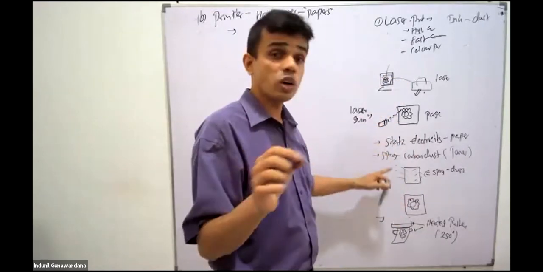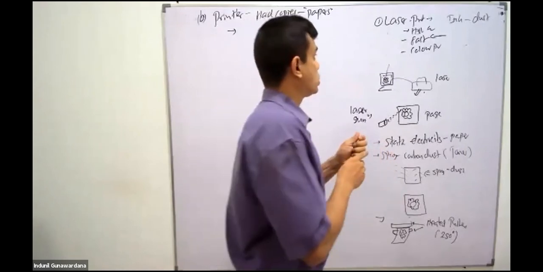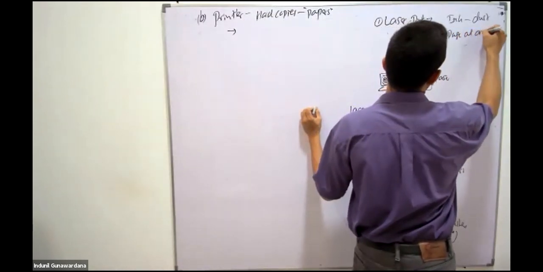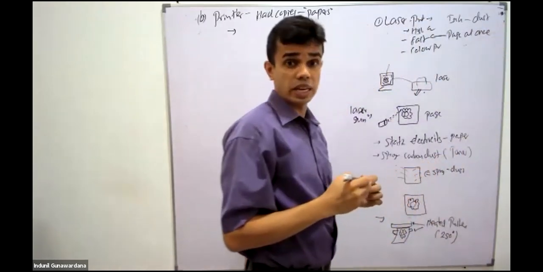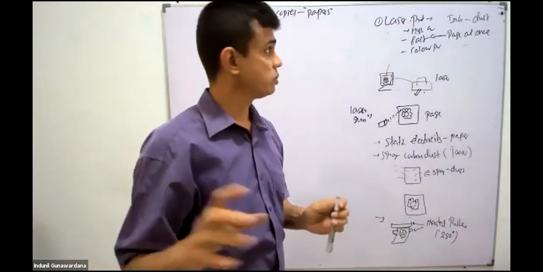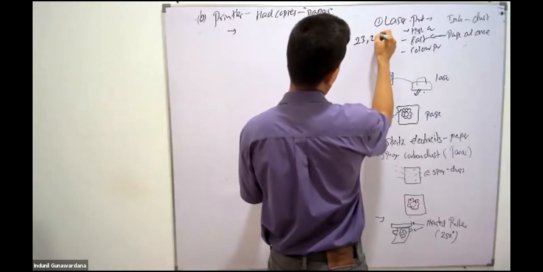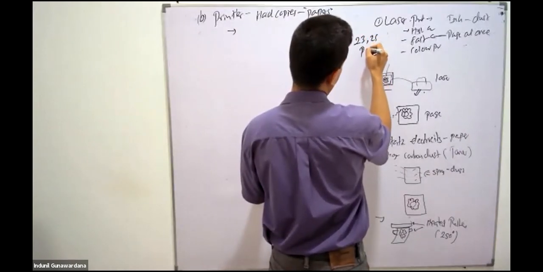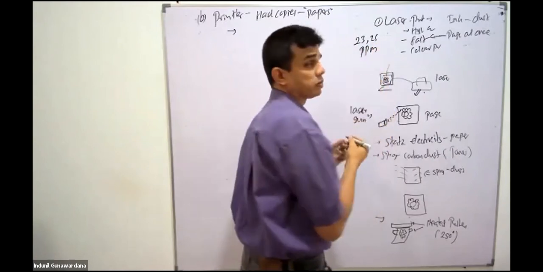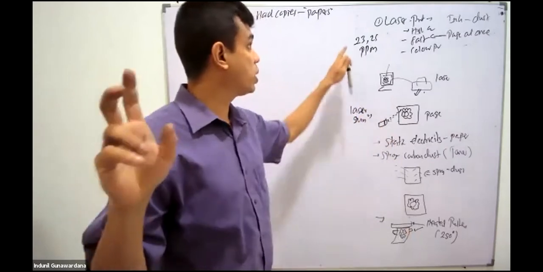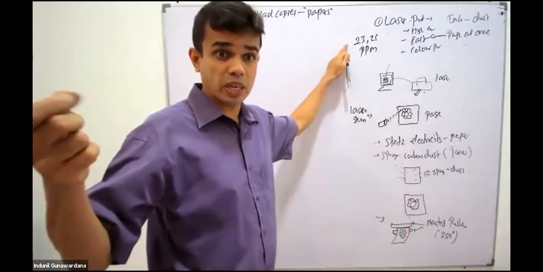Page-at-once printing is available in the laser printer, so it is very quick. Normally the speed is around 23 to 25 pages per minute, ppm. Within 1 minute, that is 60 seconds, it can produce around 25 printouts.